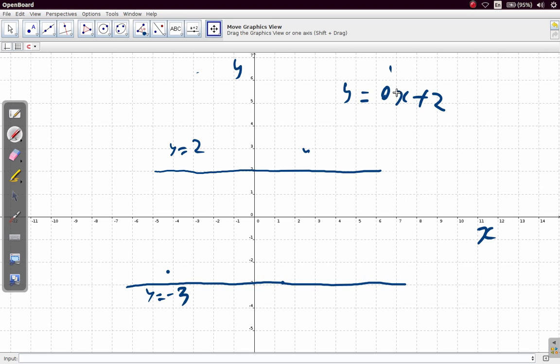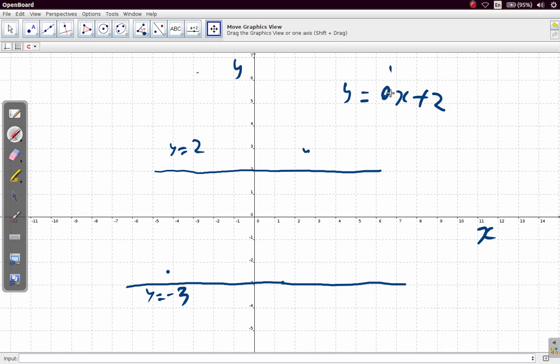What is the gradient of this line? It is 0. You can see it here, 0 times x. The number that multiplies the x here is the gradient. And the y-intercept, where does it cut the y-axis? It's at 2. So it still obeys the general equation of a straight line.